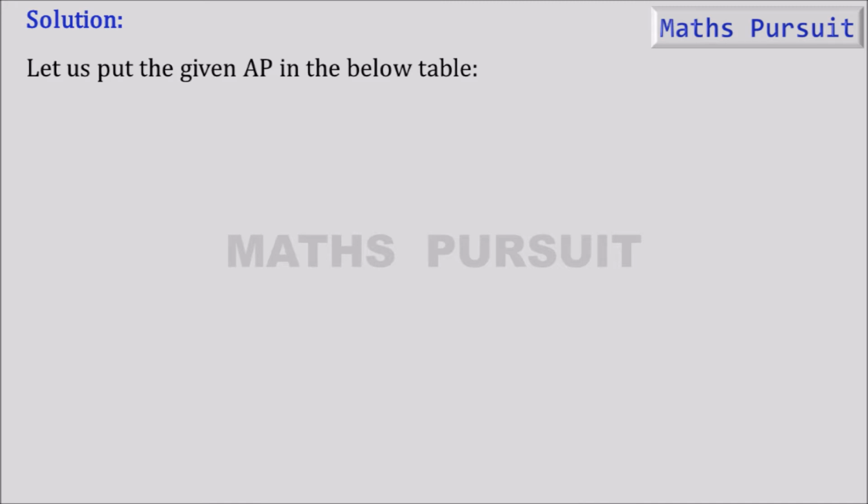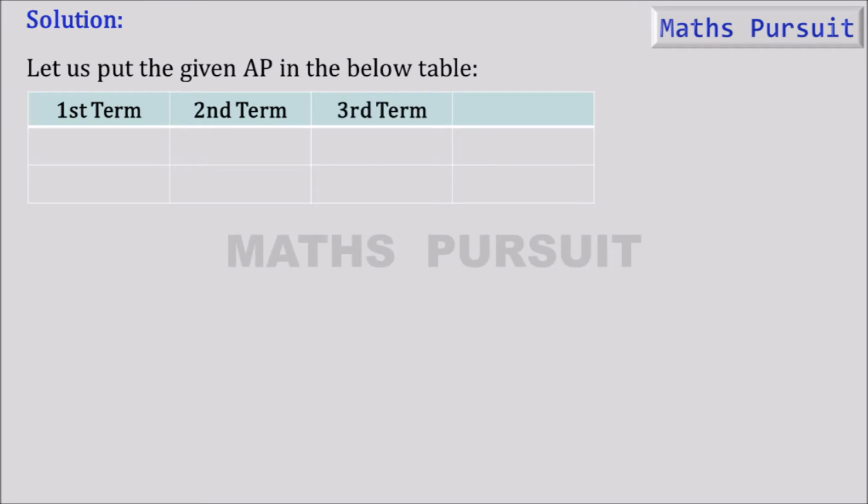Let us put the given AP in the below table. Guys, as usual, I always prefer to create a table for making our arithmetic progression calculations. The table will help us in putting the data correctly and without confusing among the numbers. For that reason, I have created a 4-column table with 3 rows, naming first term to first cell, second term to second cell, third term to third cell, fourth term to fourth cell, and putting a blank under first term and 13 under second term and a blank under third term and 3 under fourth term.